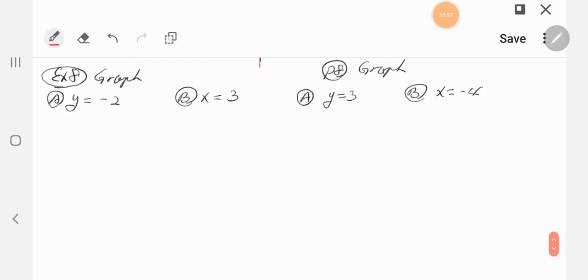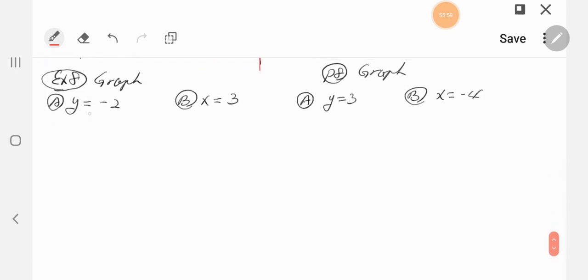Okay, let's try more. Graph y equals -2. Y equals -2 is a horizontal line, right? The equation is y equals something, so this is a horizontal line.